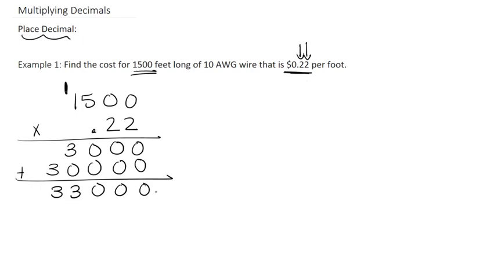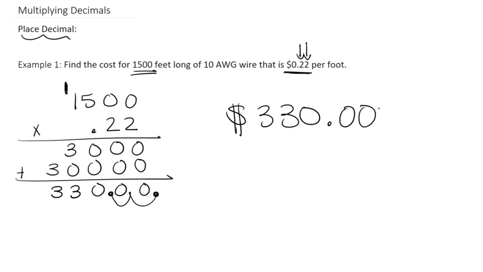So we go from here and we go over 2, since we counted 2 place values, so we have 1, 2. And then we just place it right there. And so the price is then $330.00.